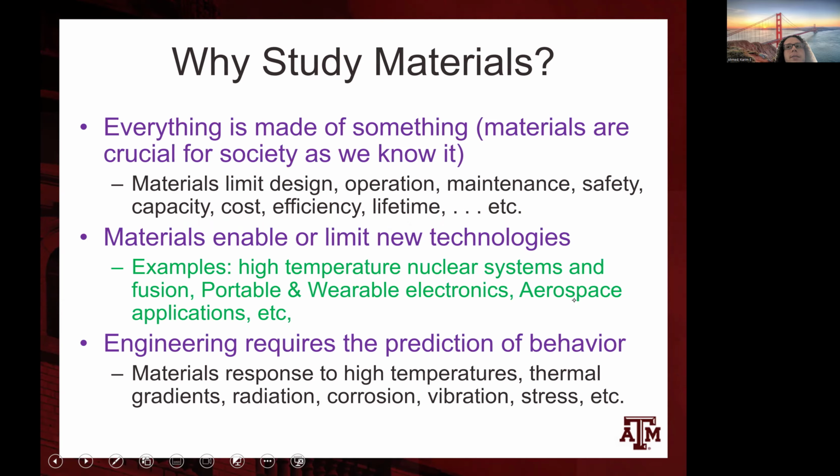First, of course, everything is made of something. It's a materialistic world, whether we like it or not. As engineers, to make devices and components, we have to pick materials to manufacture those equipment and devices from.